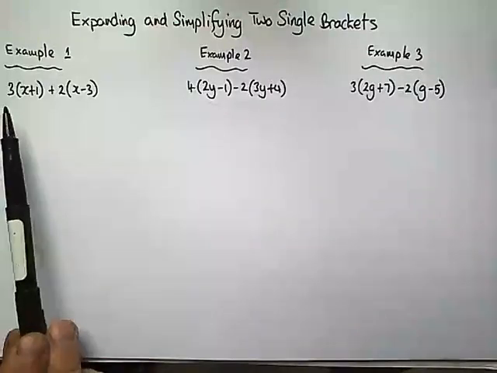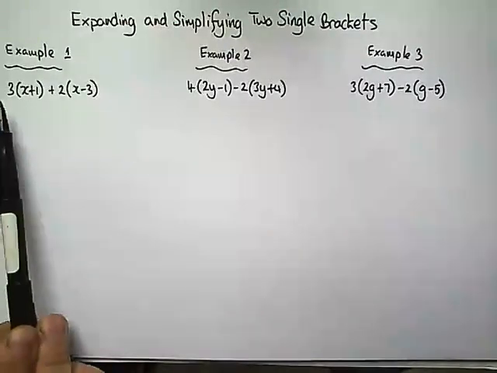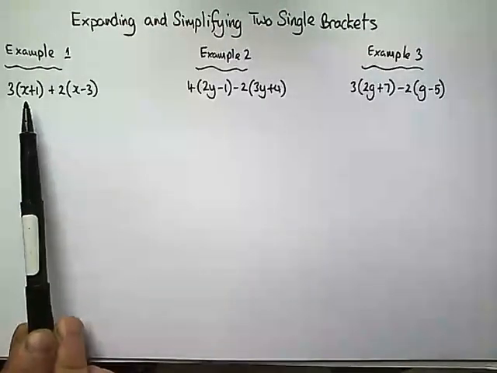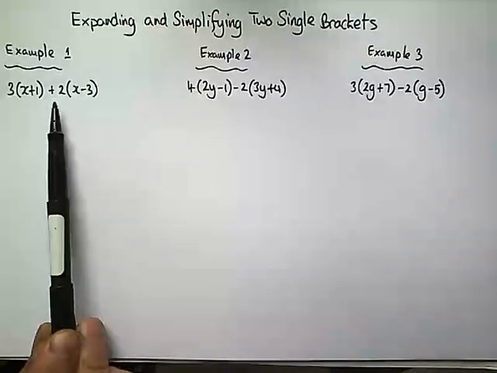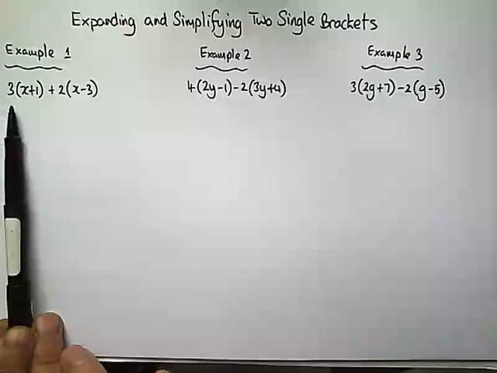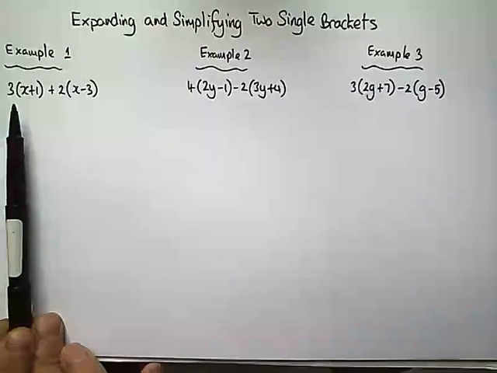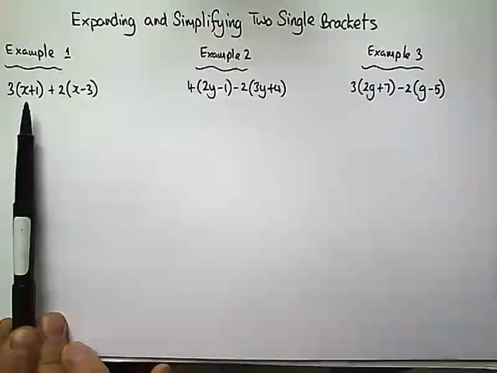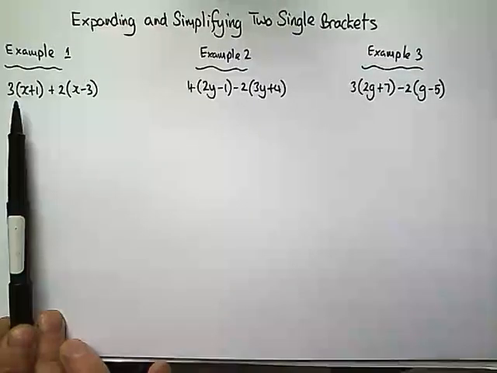My expression says 3 lots of x plus 1 plus 2 lots of x minus 3. So the number in front of the bracket means I need to multiply everything inside the bracket by the number on the outside.